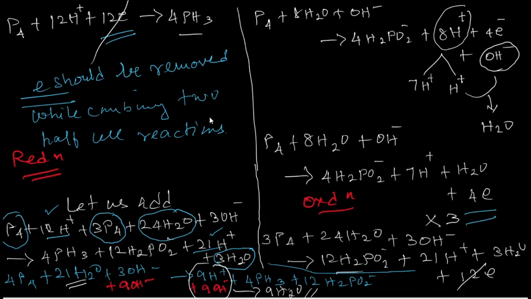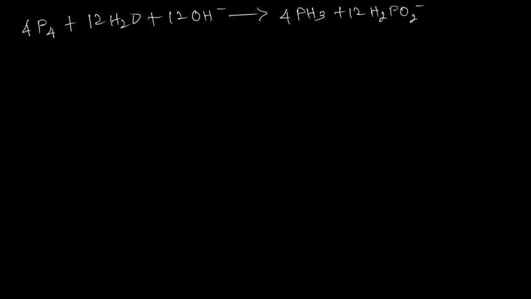So that is all on the RHS side. So now we have arrived at the final equation. As the coefficients of the molecules are all multiples of 4, we can reduce it by multiplying the whole equation by 1 by 4.